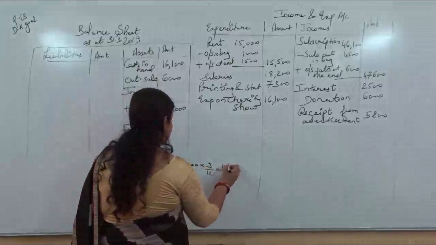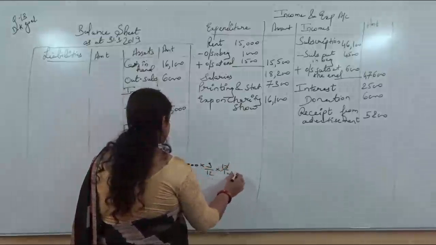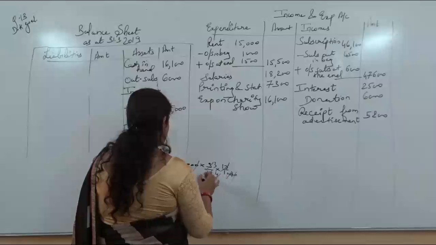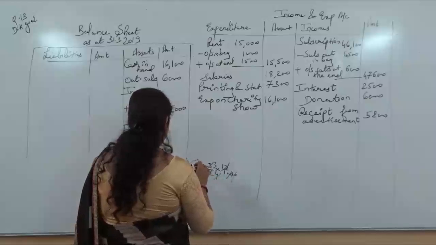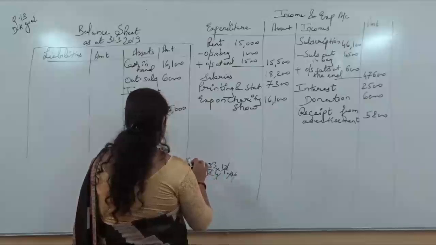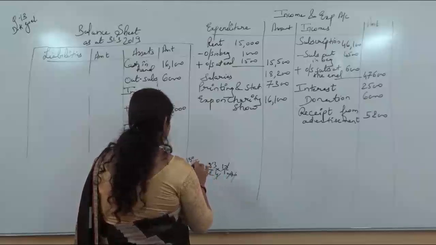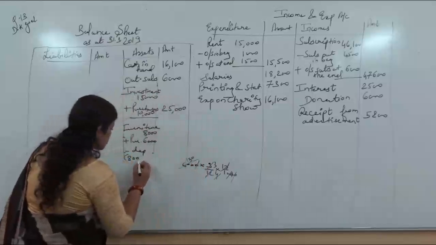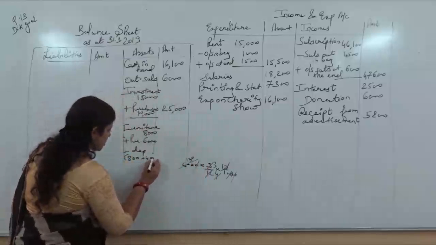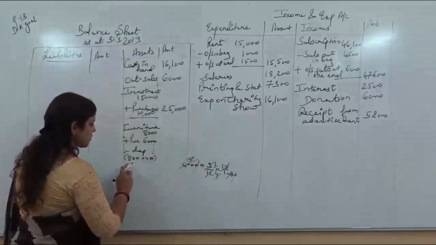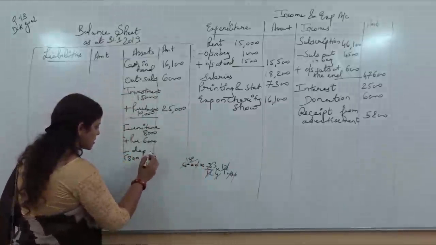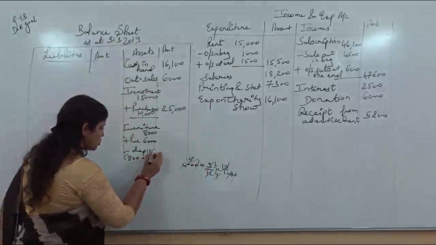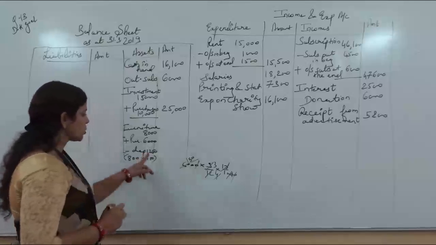How much are you getting? Okay, 150 multiplied by 3, we are getting 450. So 800 plus 450. How much depreciation is coming? 1250 total. This is the total depreciation.